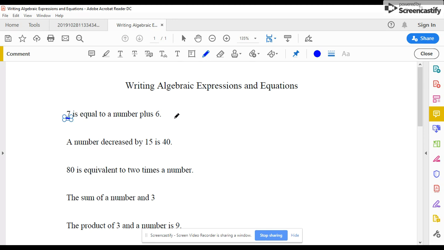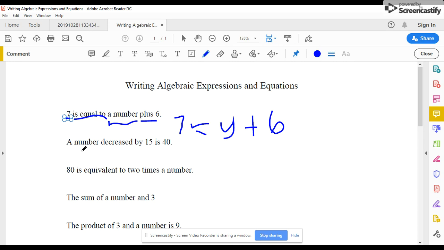We're going to start with 7, and then we have is equal to, so equal. Remember, whenever we see a number, that's going to be our letter, so whatever letter you want to use. Y, and then plus 6. That's all we have to do for right now. Let's try the next one.